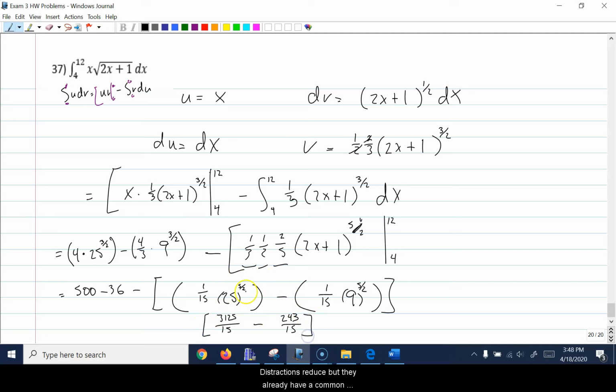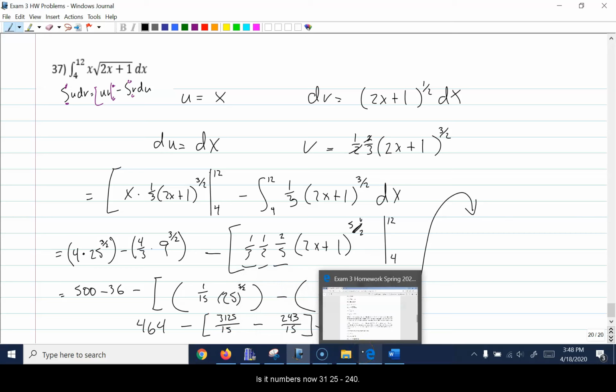These fractions reduce, but they already have a common denominator, so I probably don't want to do that. 500 minus 36 is 464. It's just numbers now. 3125 minus 243. Let's just type all this in.